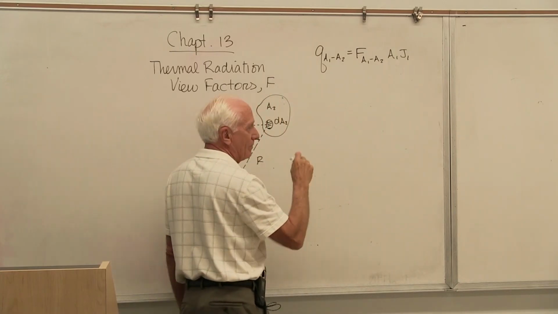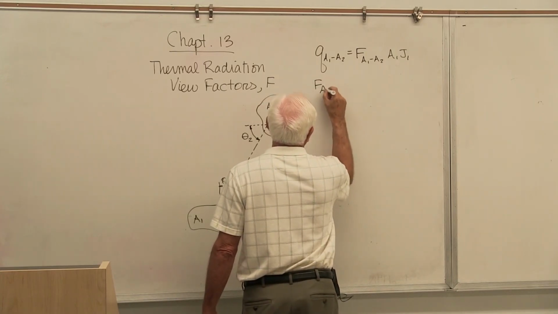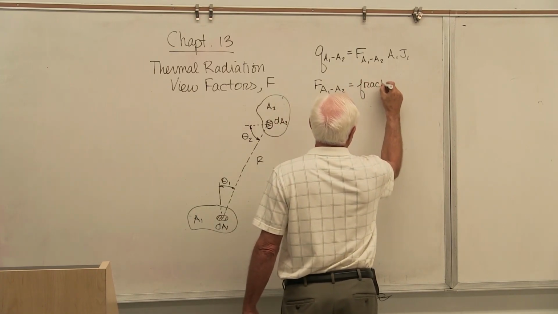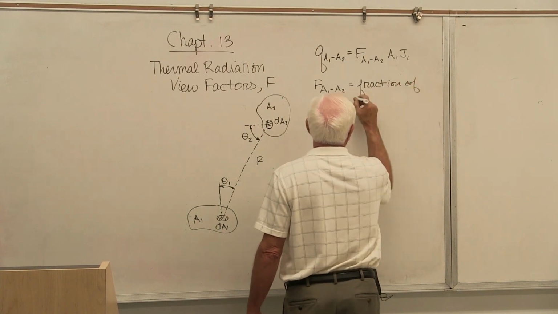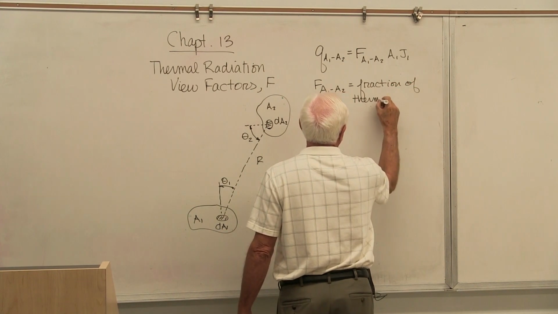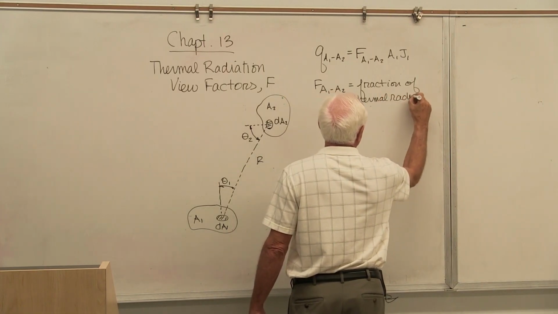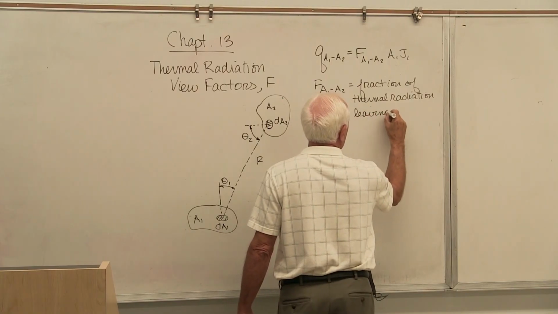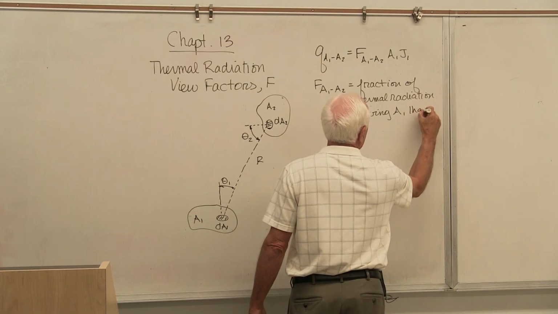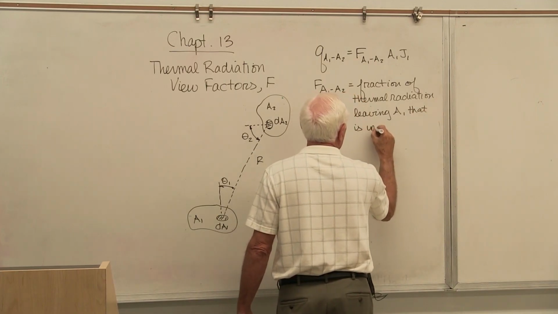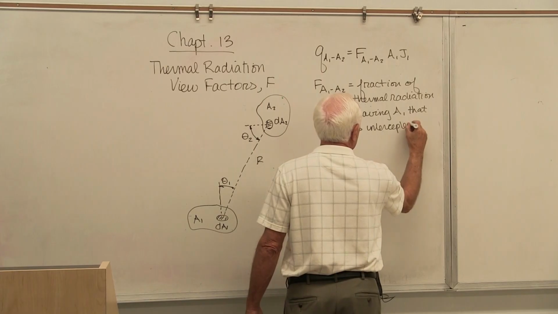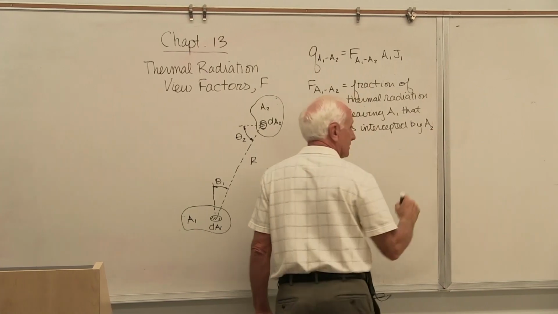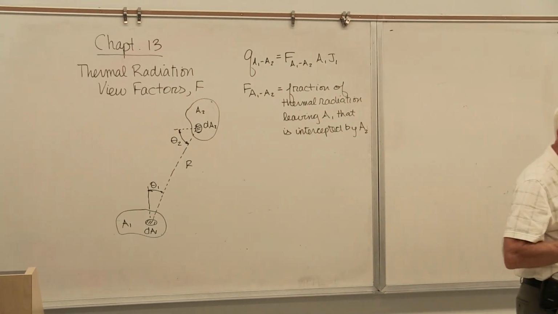Now, I'm going to define F A1 to A2 as the fraction of energy leaving surface A1 intercepted by A2. Sometimes you could say it's received by surface A2.